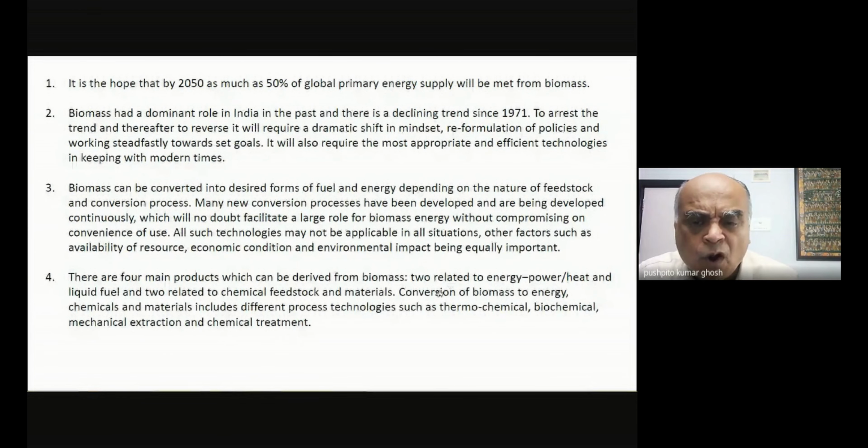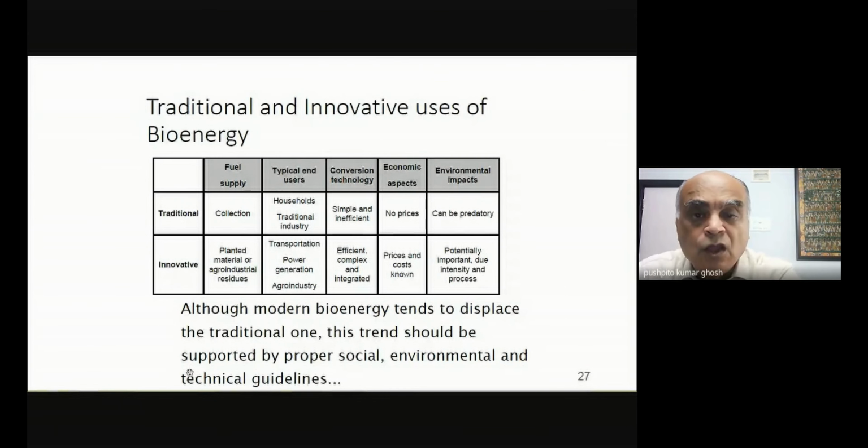These are broadly the types of processes by which biomass is converted into useful products. All right. Now let us look at a couple more things.